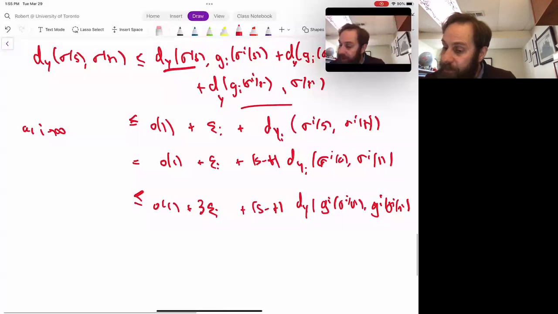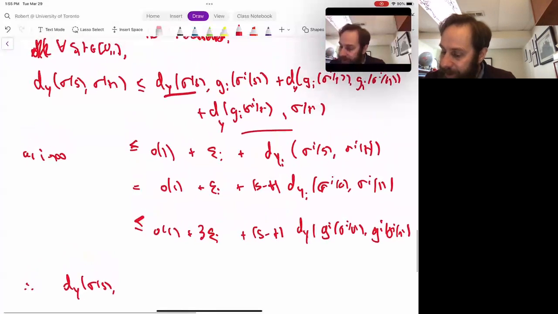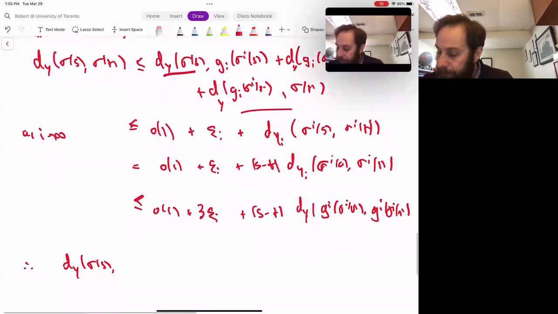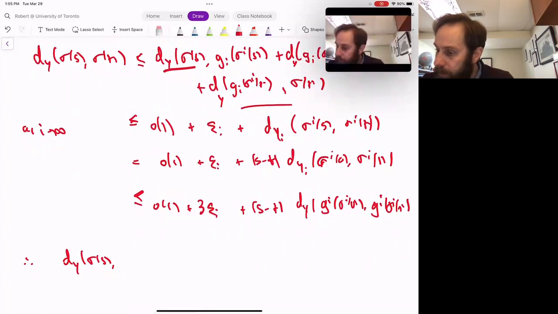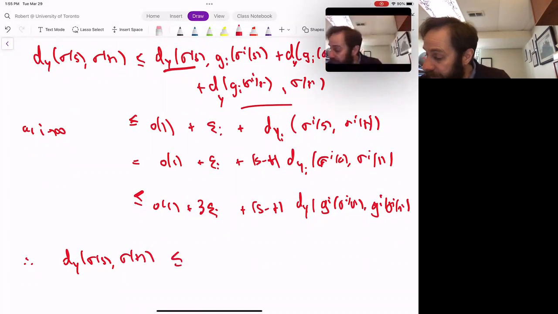And so finally therefore taking I to infinity, what I finally get is that the distance in Y of sigma s, sigma t is less than s minus t times the distance of sigma 0, sigma 1. I guess I need one more triangle inequality argument to say that as I goes to infinity, these things converge uniformly to d_Y of sigma 0, sigma 1.